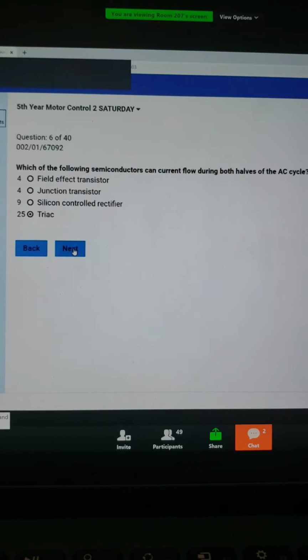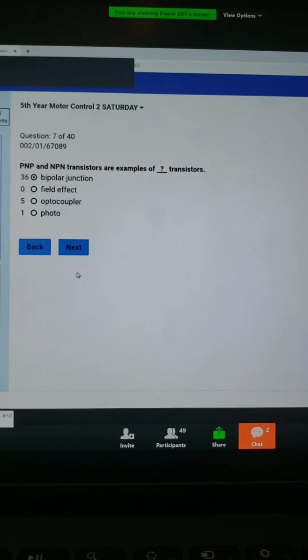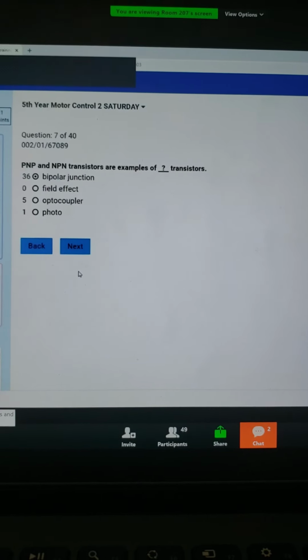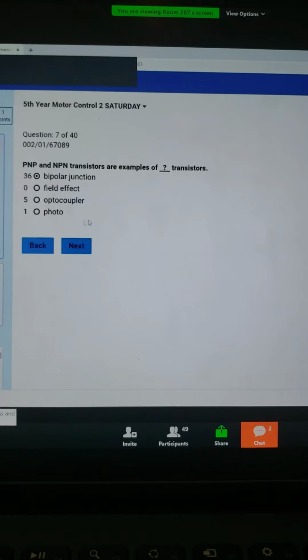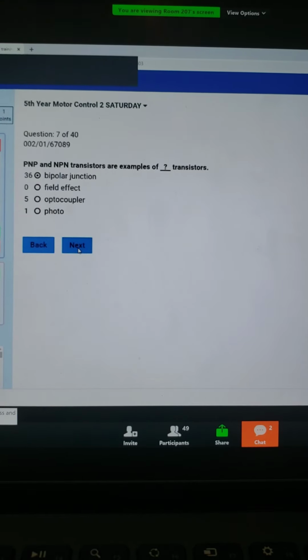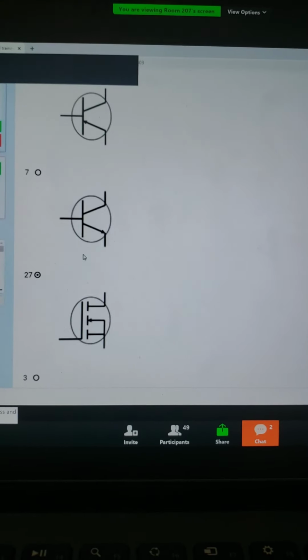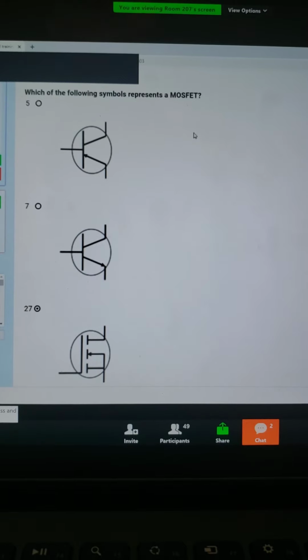Everyone did get on that one. What's the question? MOSFET.